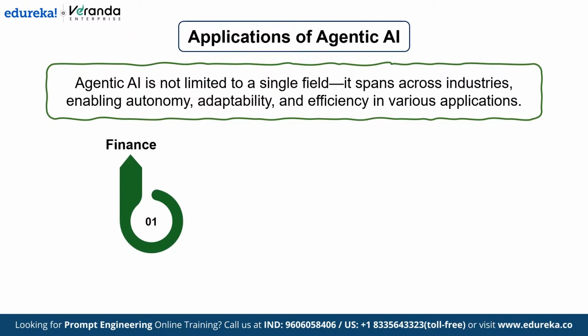In finance, it powers algorithmic trading systems and fraud detection tools, optimizing financial operations such as managing investment portfolios and identifying fraudulent activities. In smart cities, AI systems manage energy consumption, optimize traffic flow, and enhance public safety, with examples like smart traffic lights adapting in real time and autonomous energy grid optimization.